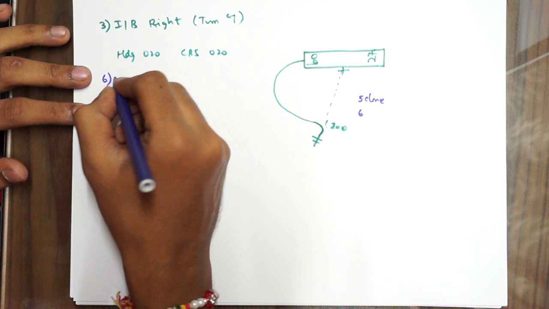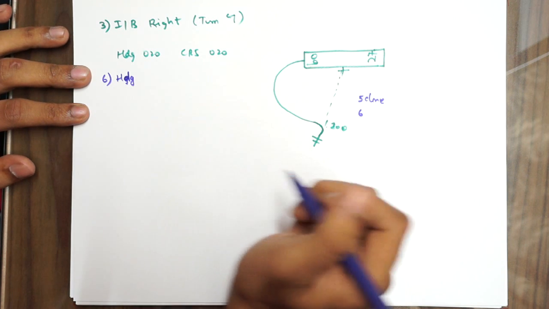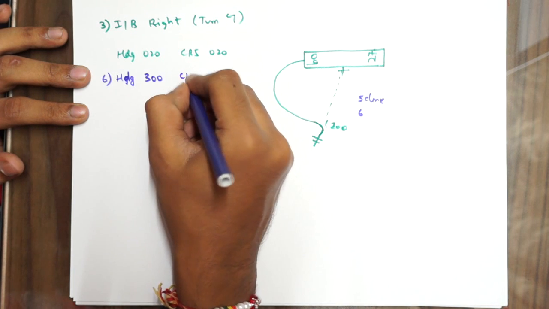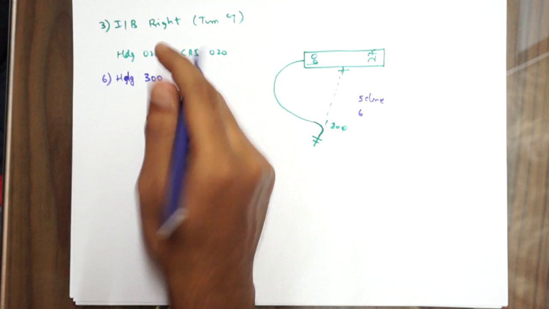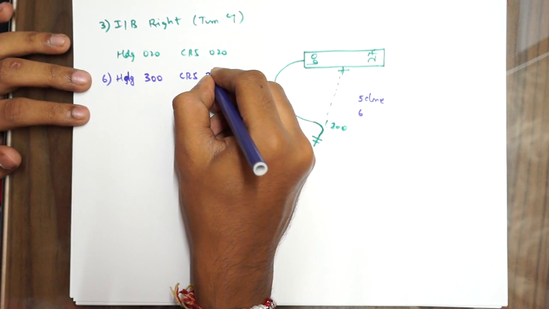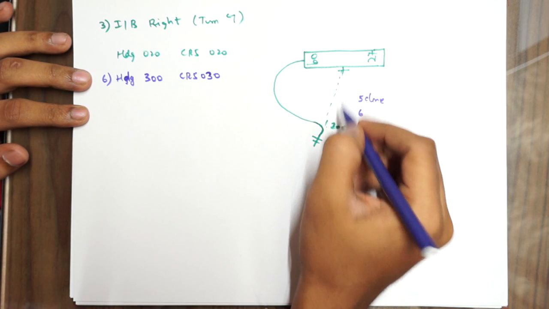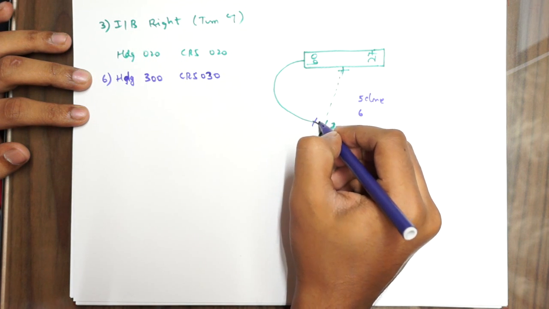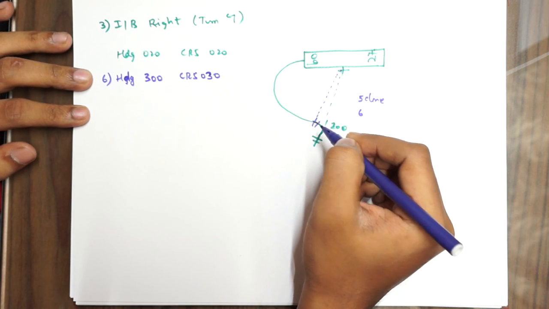So 020 minus 80 will give you 300 heading, and your course, as you can see, you're going to add 10, so it will be 030. So now what will happen is you will give a heading of 300 approximately somewhere here, and your course will be set to 030.